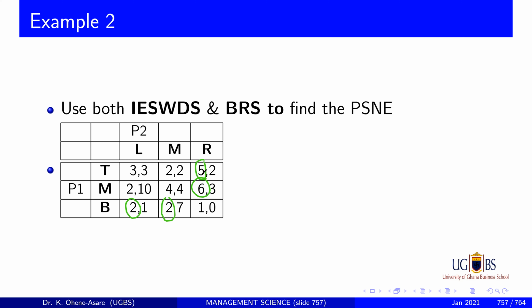Let's go to player 2. Strategy L, 3, 10, 1. Which one is bigger? It's 10. Strategy M, 2, 4, 7. Which one is bigger? It's 7. And then R, 2, 3, 0. Which one is that? It is 3.